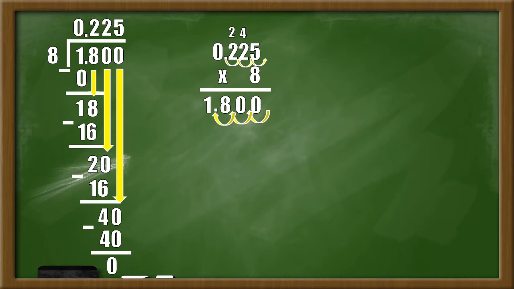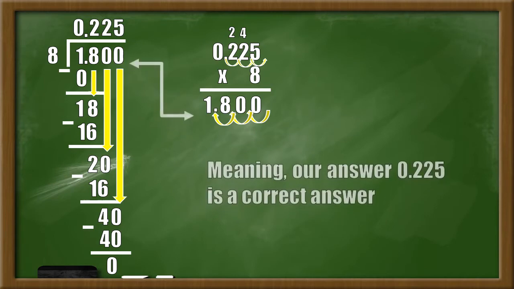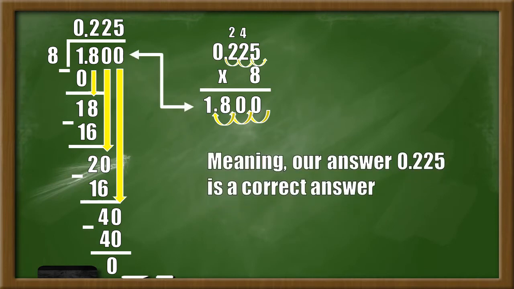So our answer is 1.800. Look, we have the same answer. Our answer is the same as our dividend, meaning our answer 0.225 is correct. Understood? Good job.